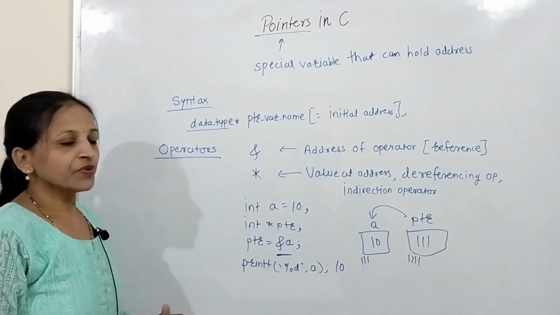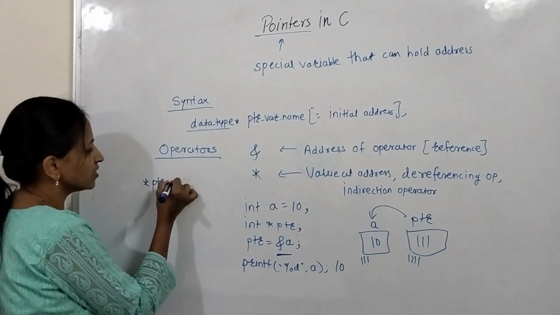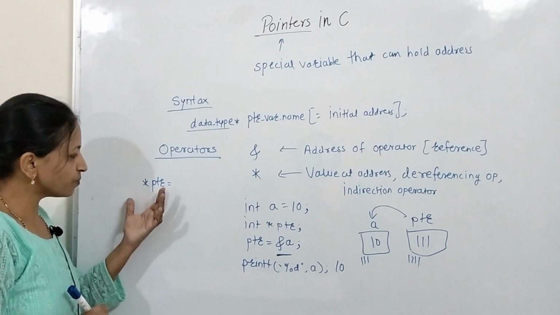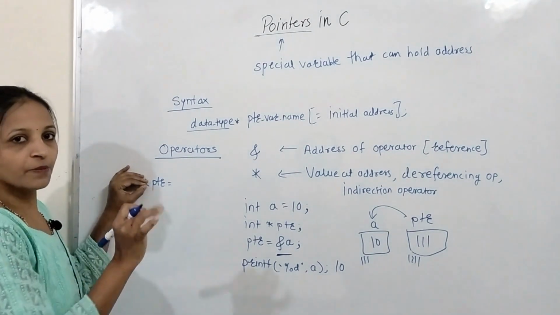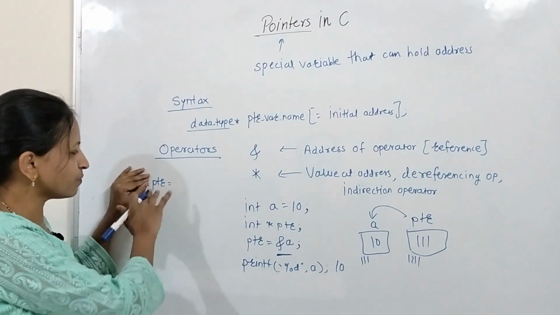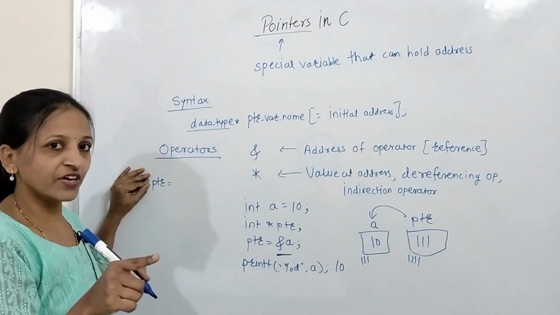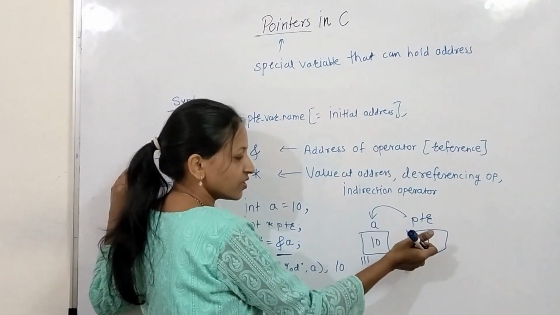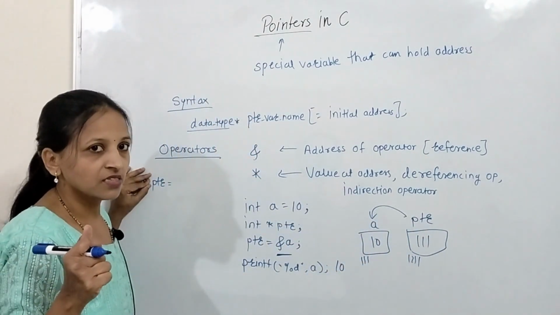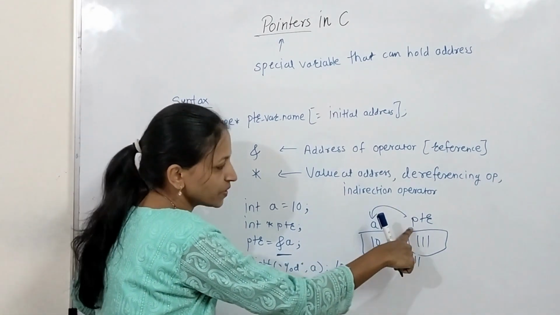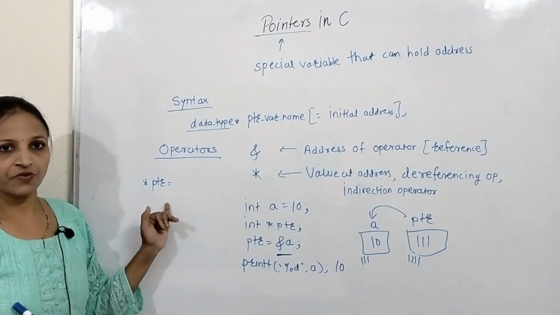Suppose we write *ptr, we can use this star operator with ptr, then its meaning will get totally changed. ptr only is what? ptr is a pointer variable. If we only display the contents of ptr, we will get 111. But I want to fetch the value stored at that address with the help of ptr, and for that we have to write *ptr.